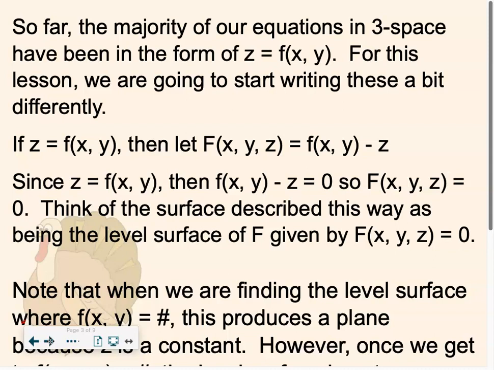It's just that it's no longer solved for z. So what happens is you get this f of x, y minus z, and you think of it more as some big function of all 3 variables instead of a function of 2 variables. So you have some surface that's defined in terms of x and y and z.